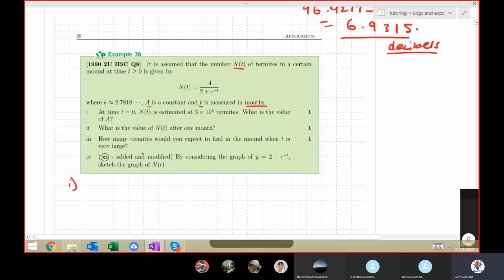And technically, you're not wrong. N of 0 because t is 0, but you don't need to. You're right, so don't think that's wrong. A you're going to still have there, and then you'll have 2 plus e to the power of what? E to the power of 0. And what does N(t) equal to?